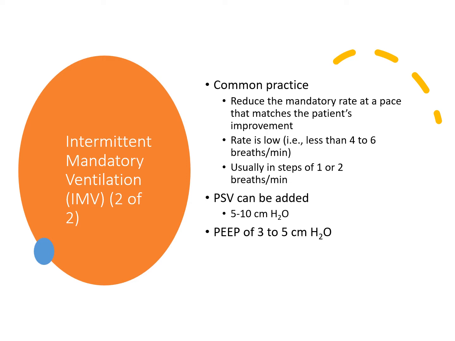So when the mandatory rate is reduced to a point where it provides less than half of the required minute ventilation, the work of breathing for the patient actually may be as much as when support is withdrawn completely. So if the patient is doing over half of the work of breathing, this might as well be considered a wean for some of these patients.